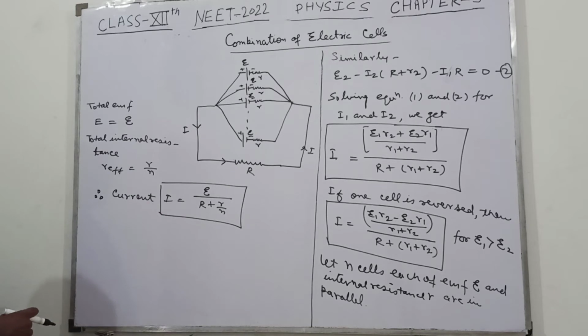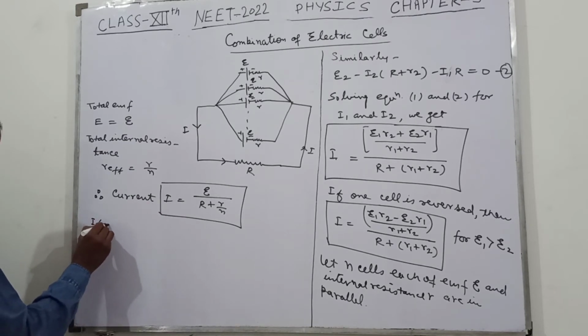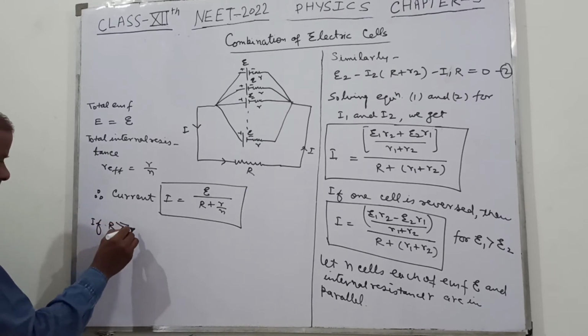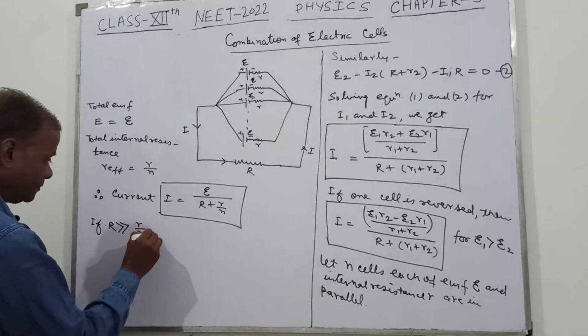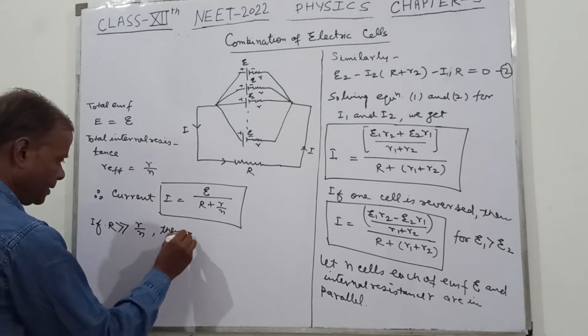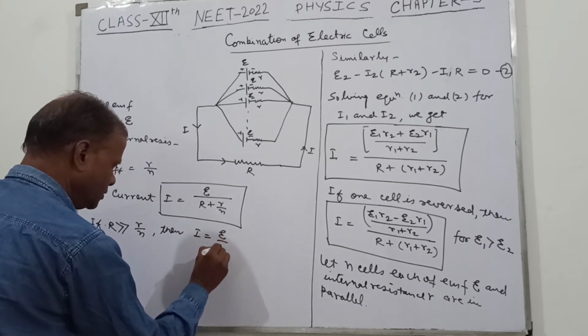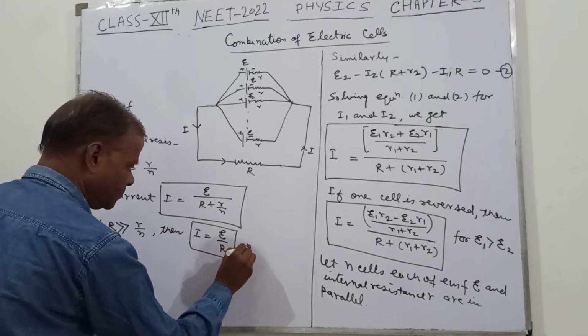Now from here we can see that if R is very much greater than R upon n, then what will happen? Then I is equal to E upon R. This is the minimum value.